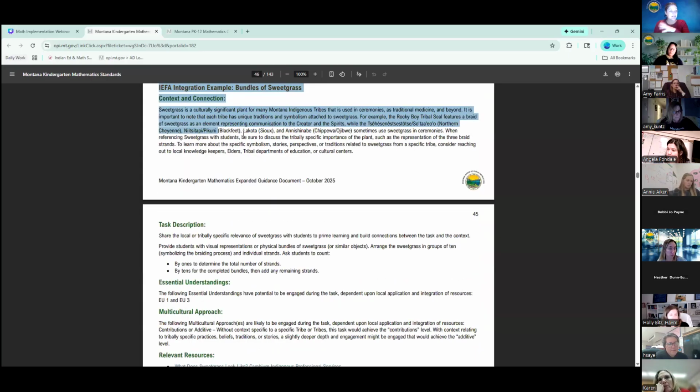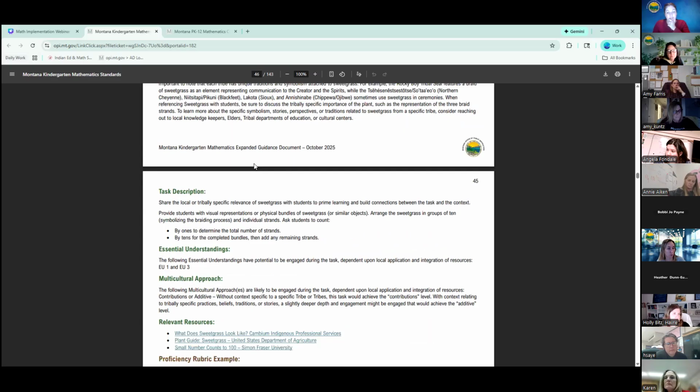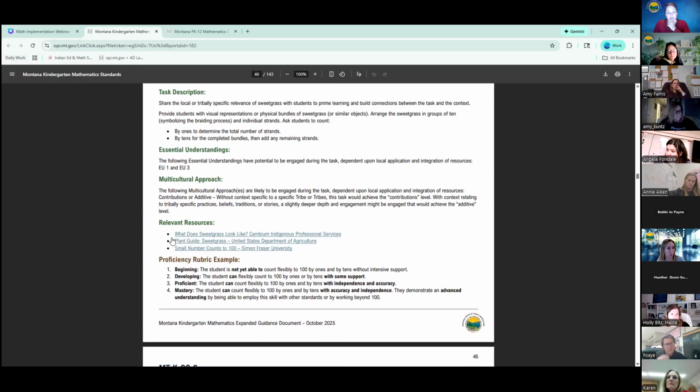And the idea is that as teachers, you would read that and go, oh, I can do it this way and this way and this way, and bring in all the things that you're already capable of doing, but have that blueprint to get started. There's also some relevant resources that go with those EFA examples, and then a sample proficiency rubric for every single standard.